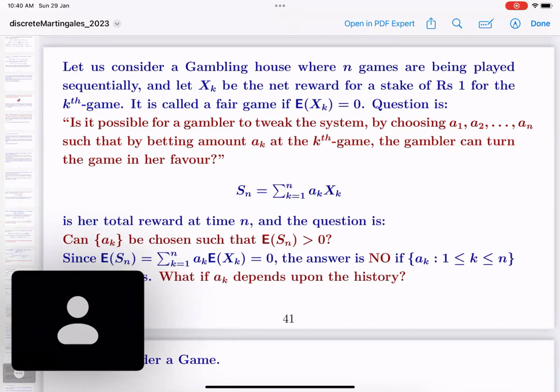So this question was occupying the probabilists who were associated with gambling and probability modeling in the 16th, 17th centuries. There is something called the Petersburg game, where it is played sequentially, and you bet ₹1 and you may win or you may lose, with half probability.